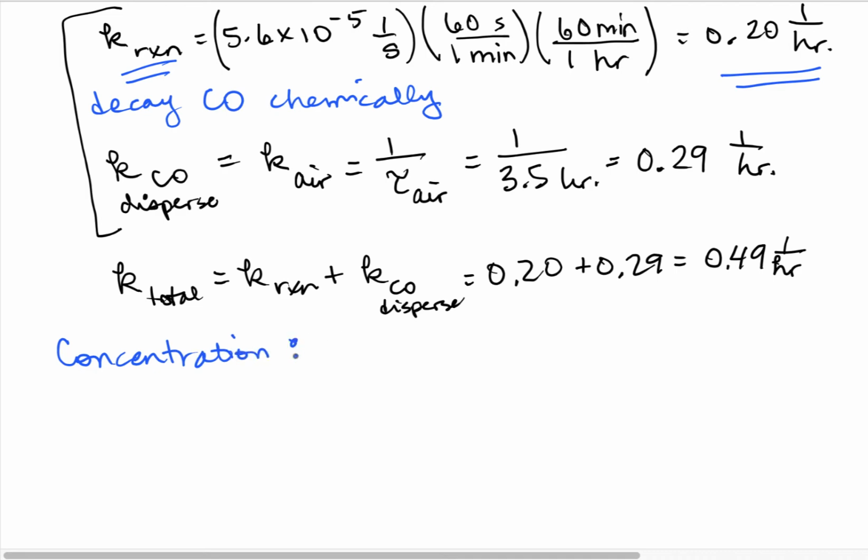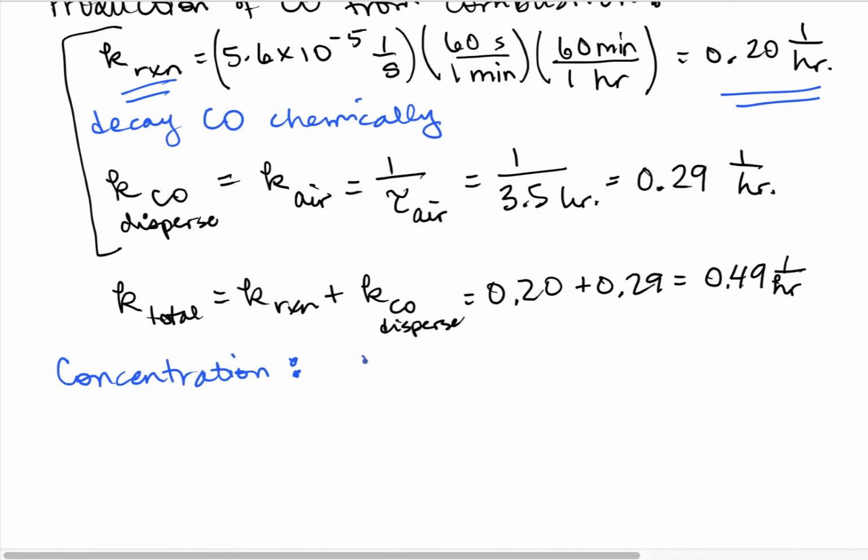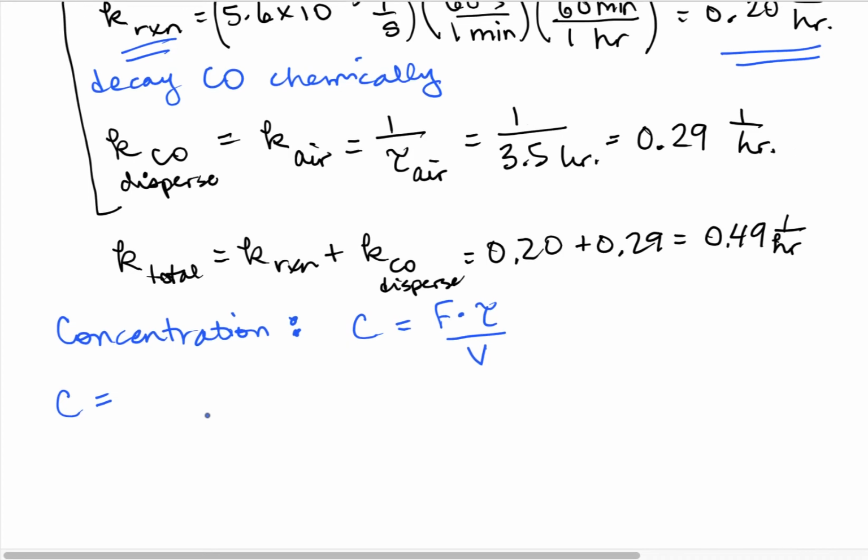And if we scroll back up to those equations, because we're not totally familiar with them yet, we need to remember that concentration is the flow times the residence time divided by the volume. So let's write that out again: flow, residence time, volume. Our flow rate, we were told, was 15 grams per hour. That's the rate at which it is being produced.